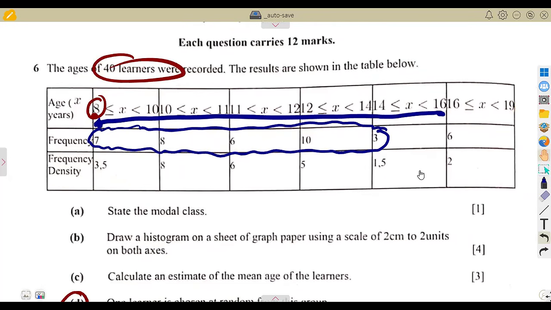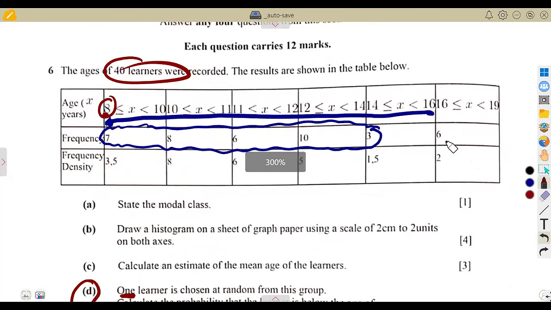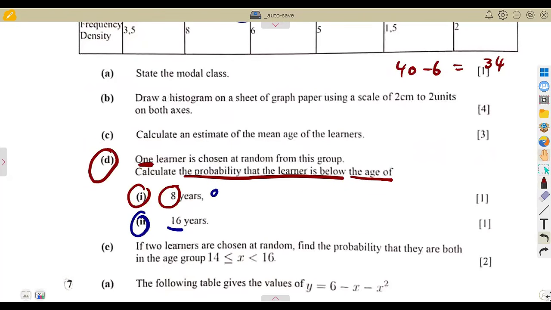But instead of adding all these numbers, just take what is remaining, which is 6. Remove the 6 out of 40. 40 minus 6 is 34. So there are 34 learners, which is 34 out of 40, giving 17 over 20 in simplest form. If you use your calculator, it gives you 17 over 20.